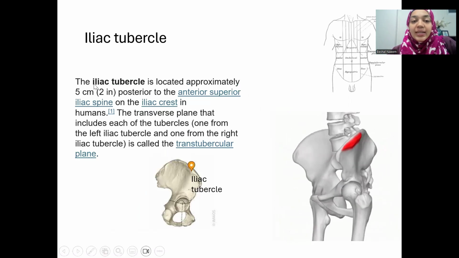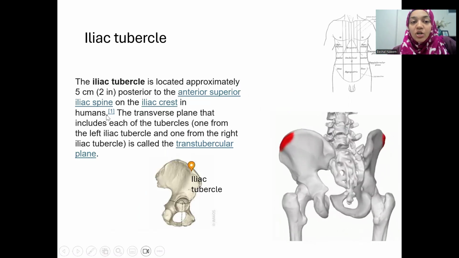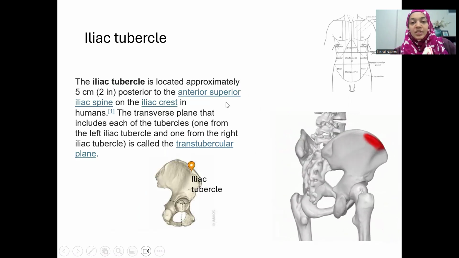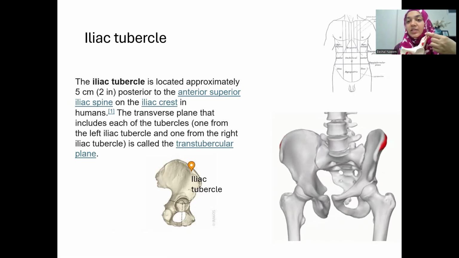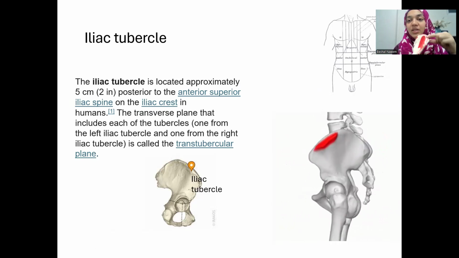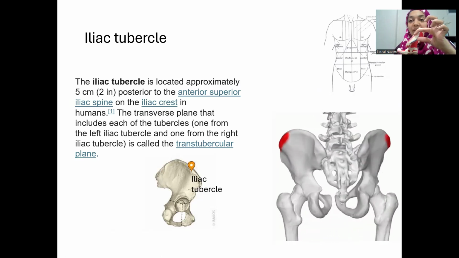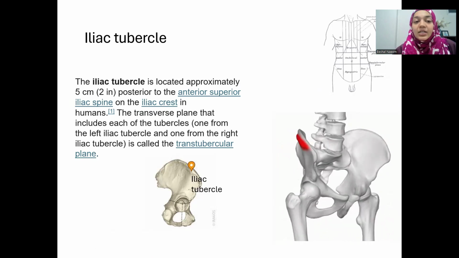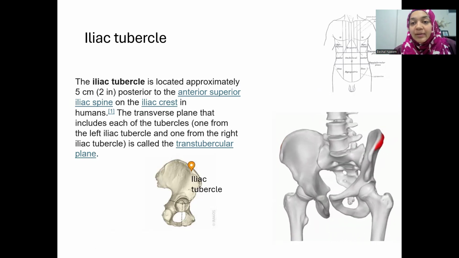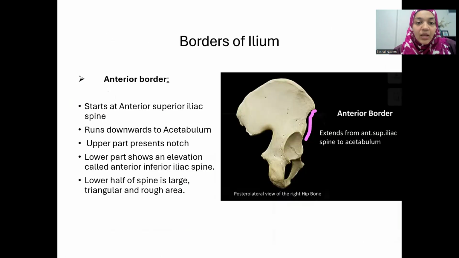Now I can show you that the iliac tubercle here is located approximately 5 centimeters posterior to the anterior superior iliac spine. If I find the anterior superior iliac spine, I go 5 centimeters posterior and I find the iliac tubercle. Here, the two tubercles make a transverse plane, and that is forming the transtubercular plane at the level of L5.